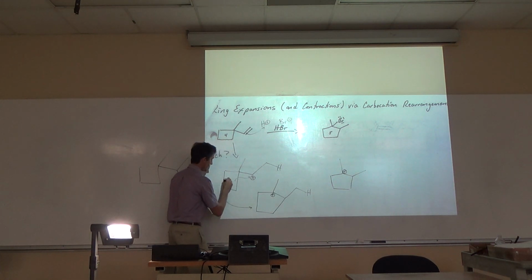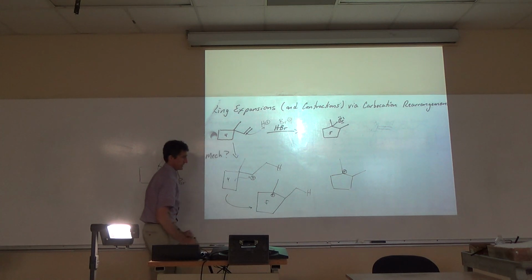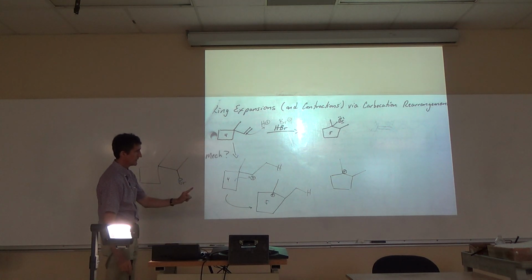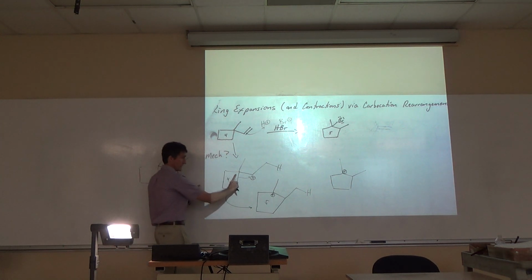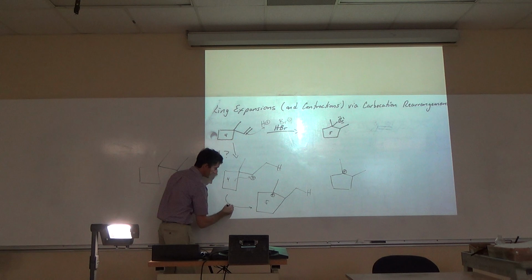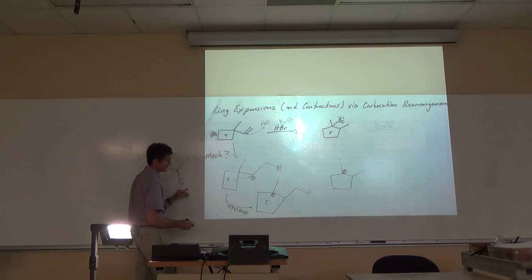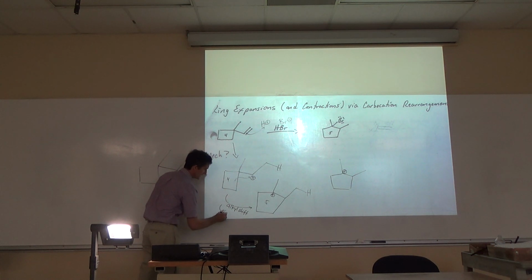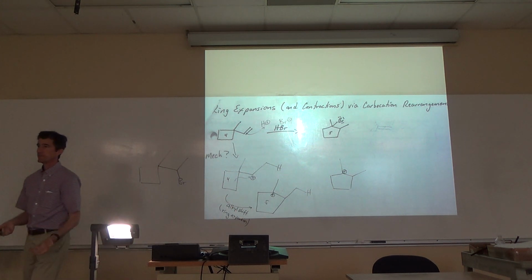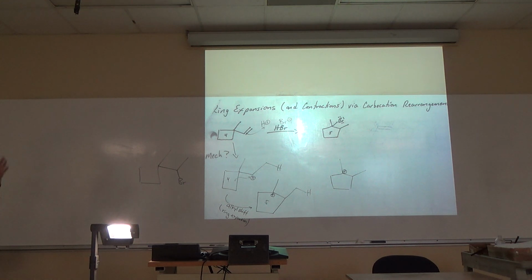And now the ring is 5. That's an alkyl shift. But it's more precisely called a ring expansion because it's not just a simple alkyl shift. This particular alkyl shift led to the expanding of the ring, and so we call it that.